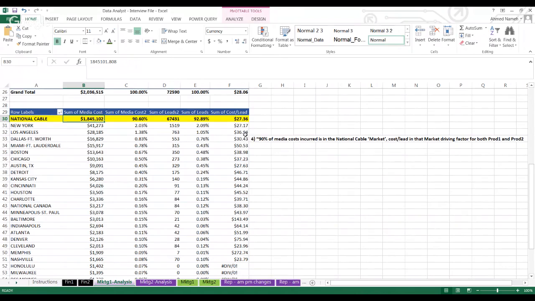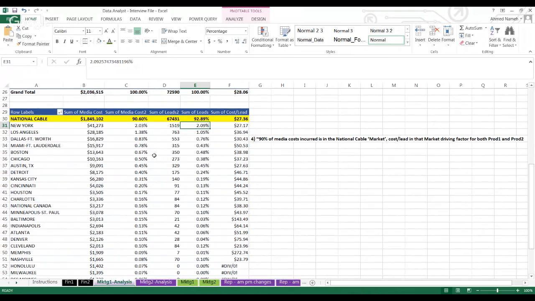So the cost per lead is an important ratio, but I would suggest another ratio that's also quite important, and that is what I would call the efficiency ratio, that compares the media cost as a percentage of total media cost spending for each market, compared with leads as a percentage of total leads for each market.